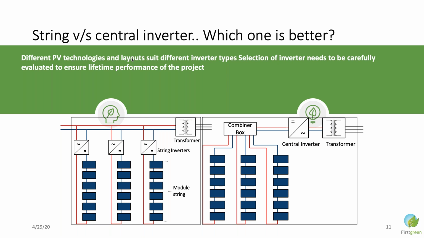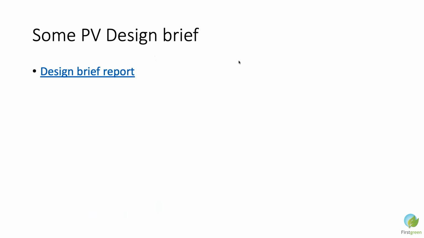Directly strings will go to the transformer, to ACDB or whatever. If it is a central inverter, then all these strings cannot be terminated directly to the inverter. Then there is a new device, which is known as the string combiner box, that comes into the picture. So this is the thing which you may require.